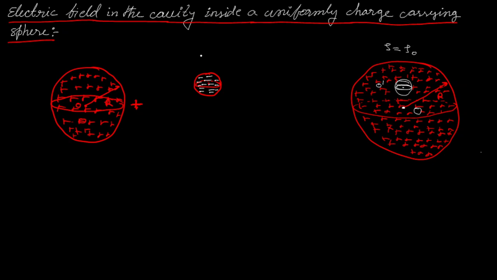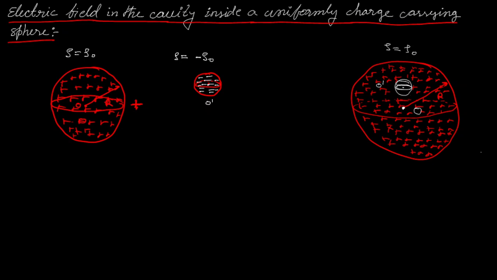So O dash point is carrying minus rho naught.